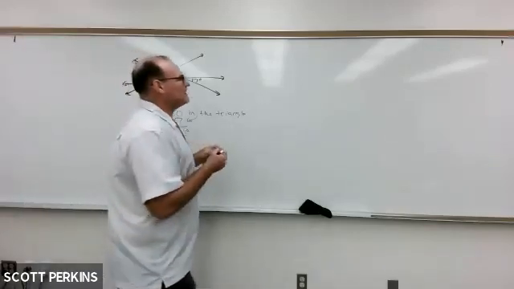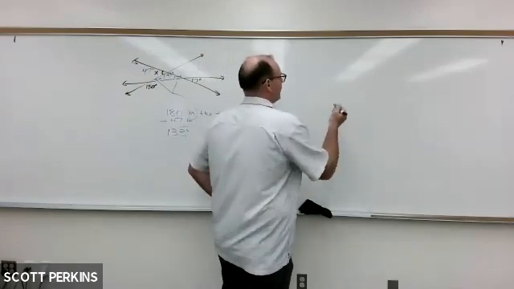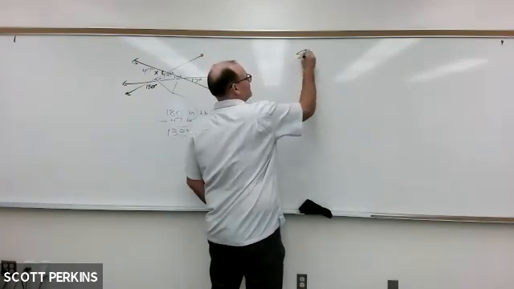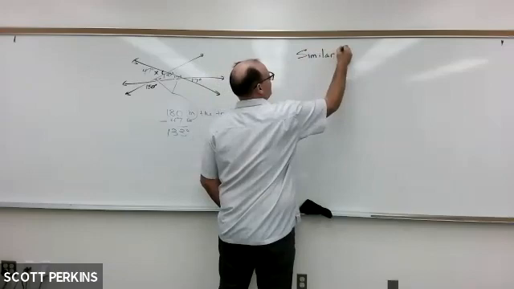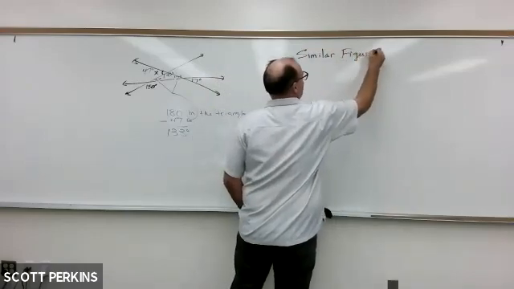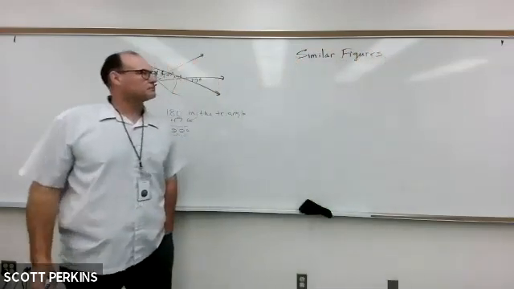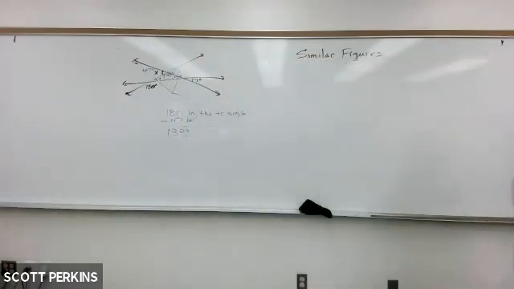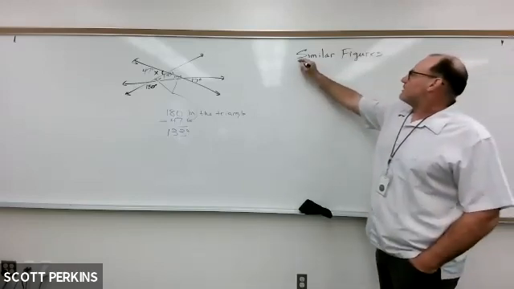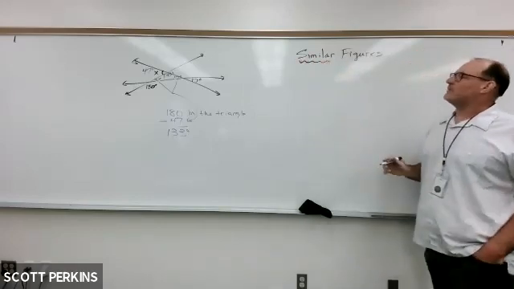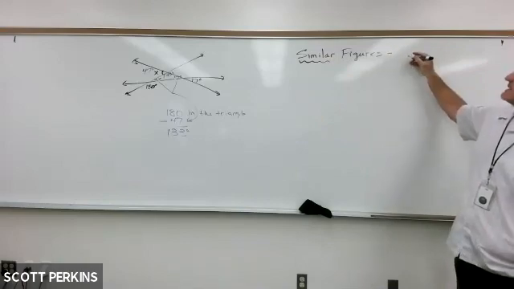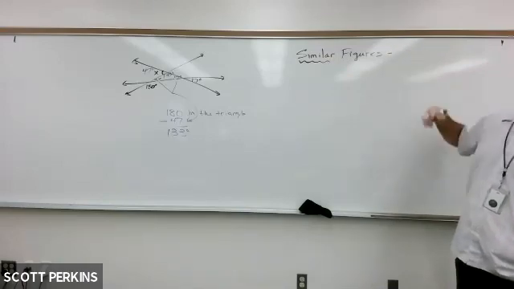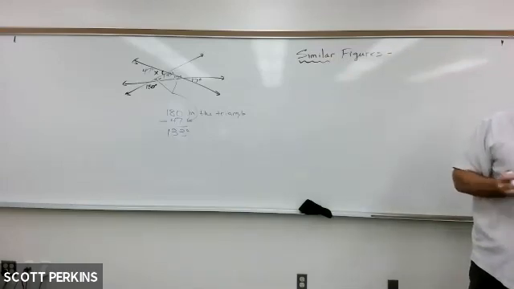So the last thing for us today in section 8.2 is what's called similar figures. If you're told that two figures are similar, what that means is that the two figures have the same shape, meaning their angles are the same.